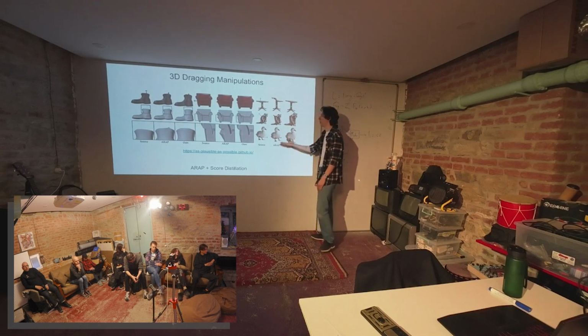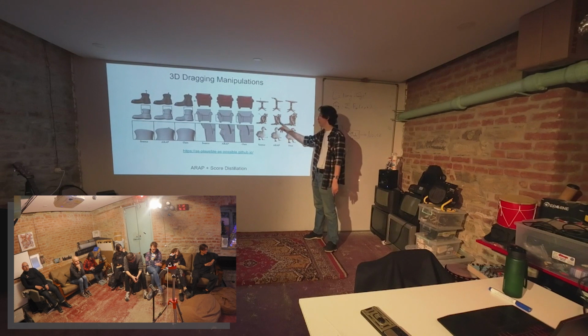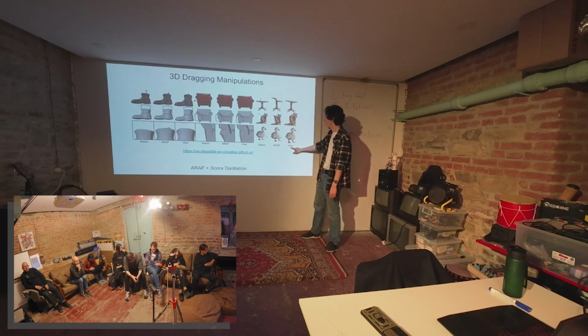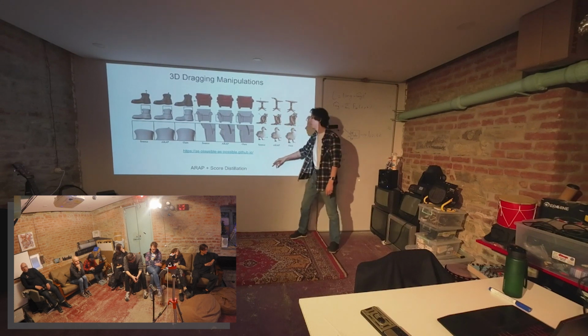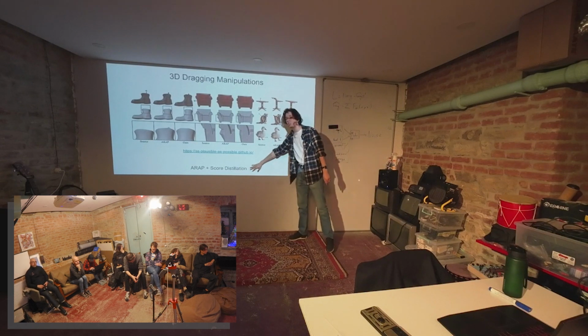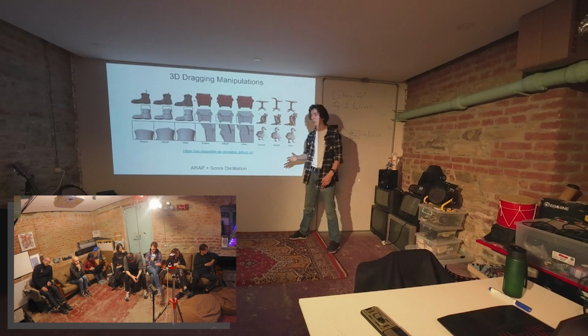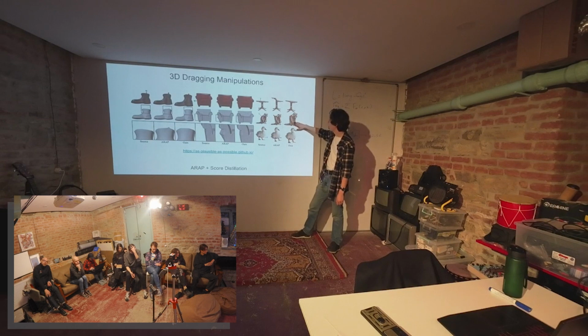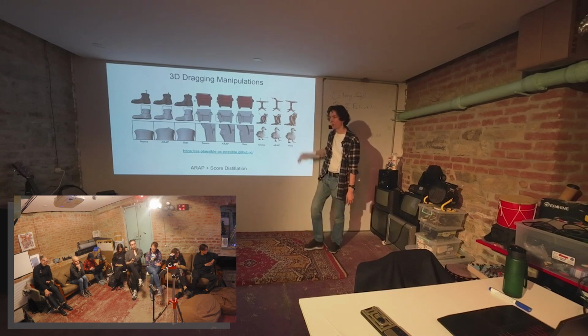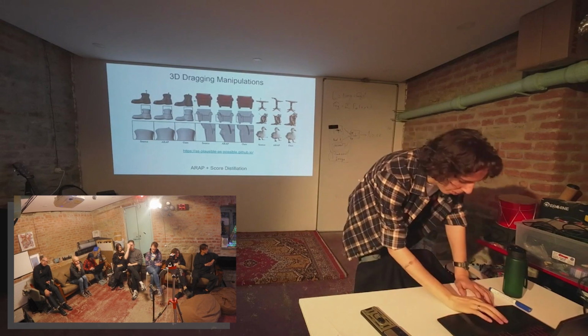You can see the examples here. If we just use ARAP, this natural deformation, it will do this. But if we also use this paper, applying diffusion models onto the renders, it will look even more realistic. I have more examples here.